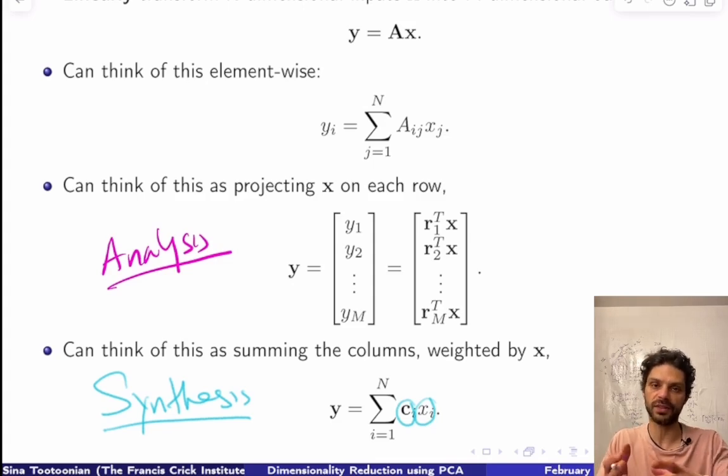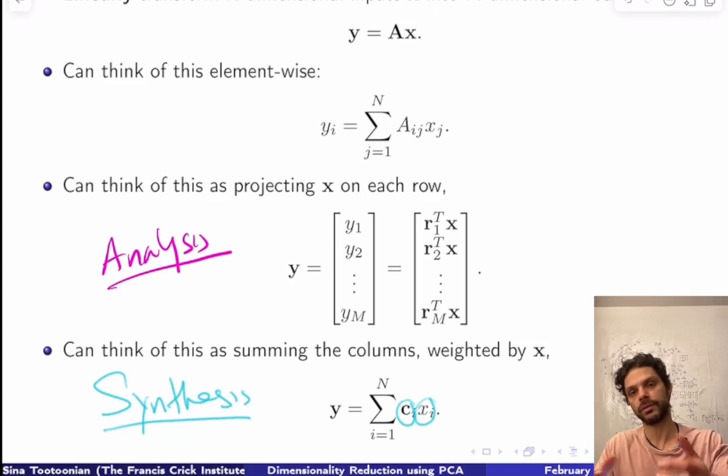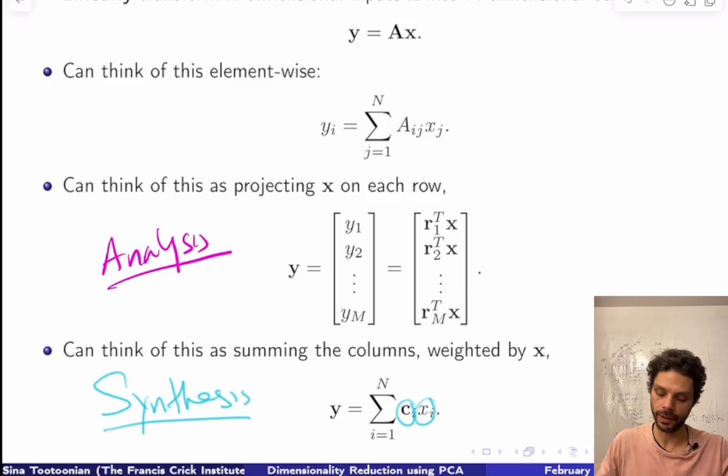So we're synthesizing using the data in x, but using the columns that are available to us in A. So there's an analysis perspective, taking a signal and breaking it down, and a synthesis perspective where you take a bunch of ingredients and you combine them according to the recipe given by your inputs. And we're going to see both of those come up as we go.